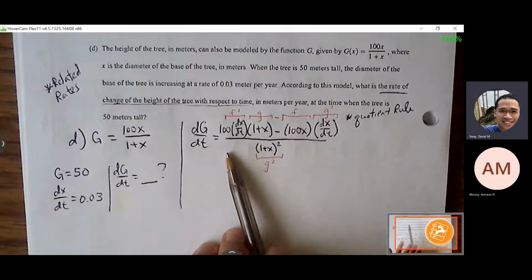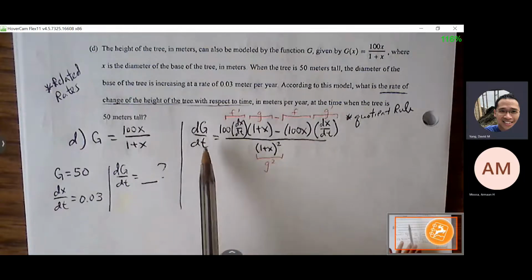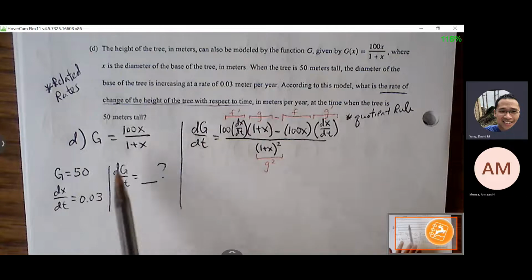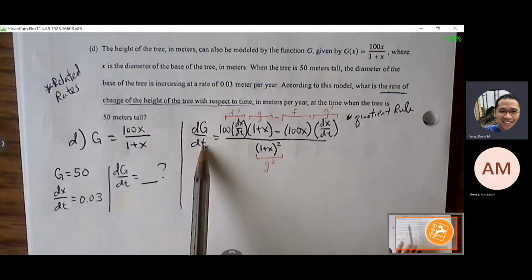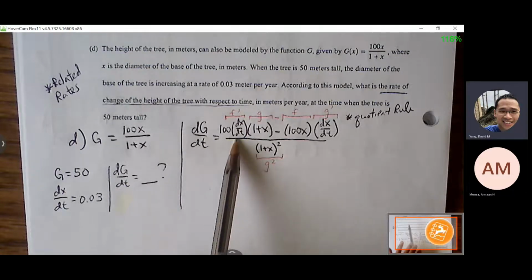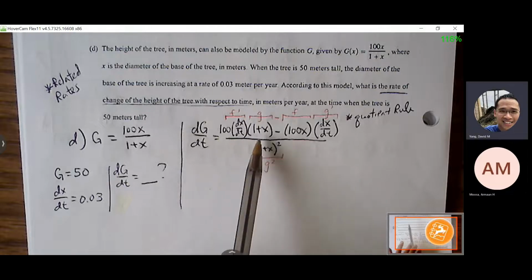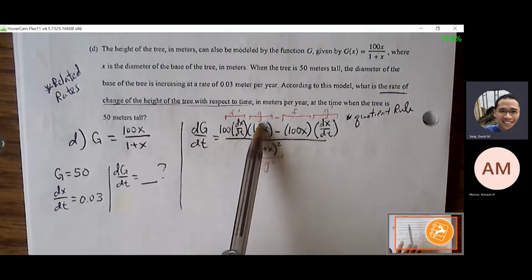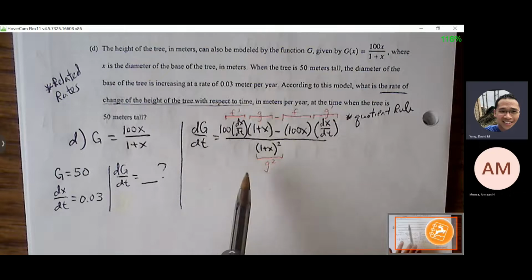Okay, so we want to start inserting information in, but there's something that feels a little strange here. I'm looking for dg dt, which is fine. I have dx dt, which is good, but I'm missing x. So is there anything that I can do to fill in for x? Right now I don't have x available.